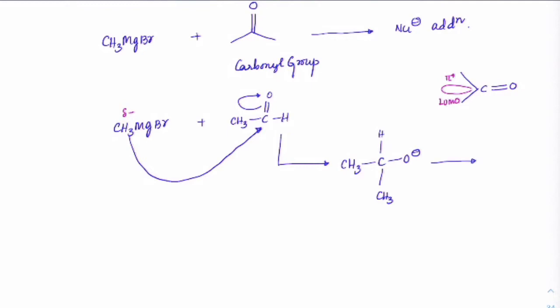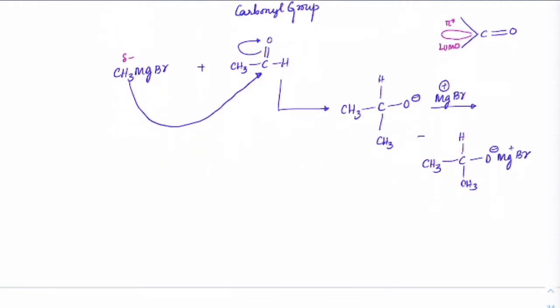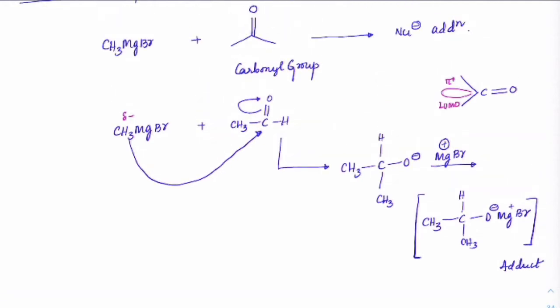Afterwards, this O minus forms a neutral salt like this, CH(CH3)O minus Mg plus Br. This is called the magnesium adduct. It would form like a thick salt in the solution.